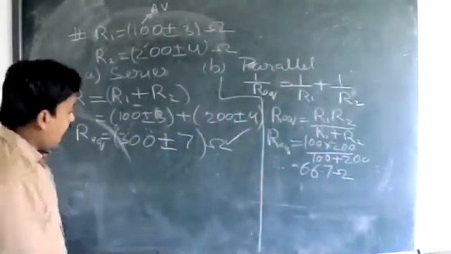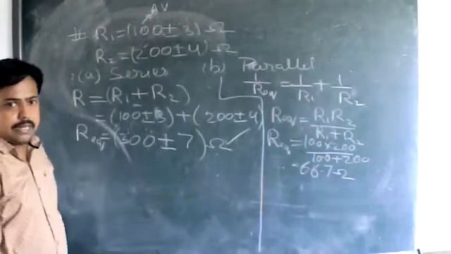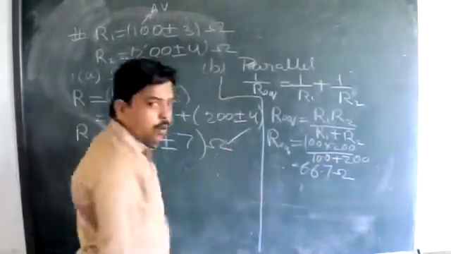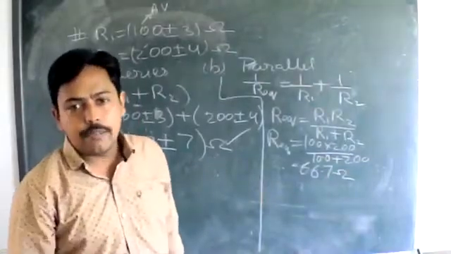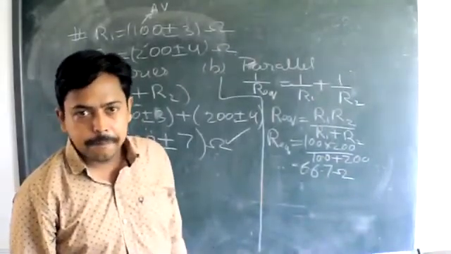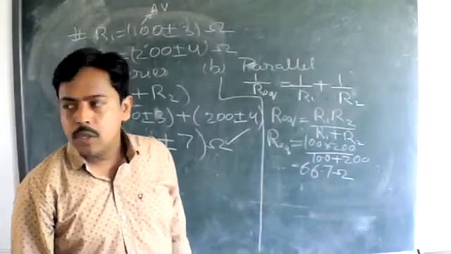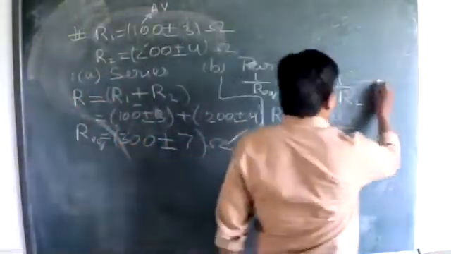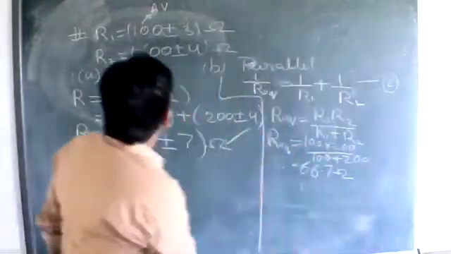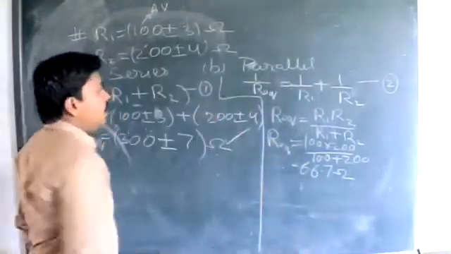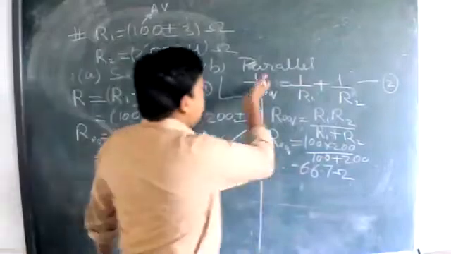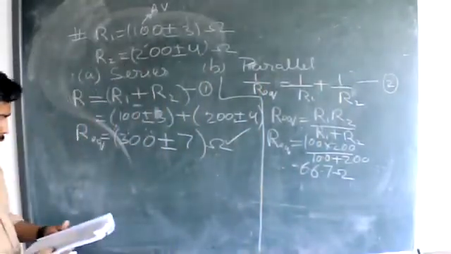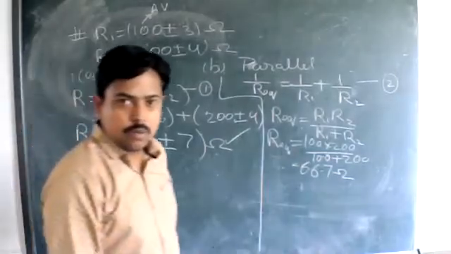So this quantity in parallel combination should also have some error. Let's look at this equation number 2. Name this equation number 2 and name this equation number 1. What will be the value of the fractional error in this case? There should be some fractional value.